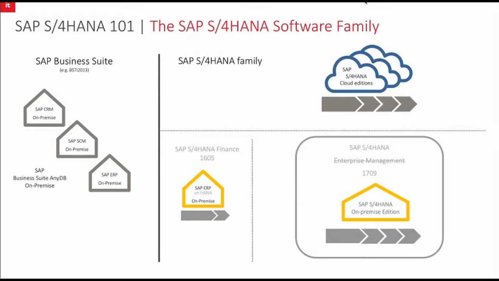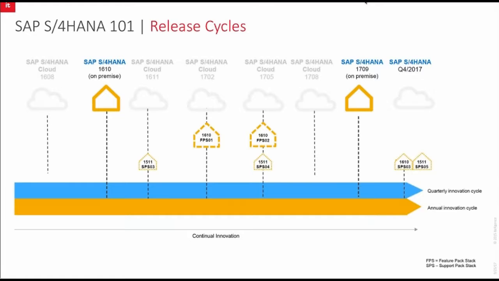And when we look at these release cycles and how these are being handled, you can see here the way in which SAP are delivering the on-premise products on a regular yearly innovation cycle. And you can see the cloud products being released on a quarterly innovation cycle. And you can see how the feature pack and service pack or support pack releases for on-premise are fed within that cycle.